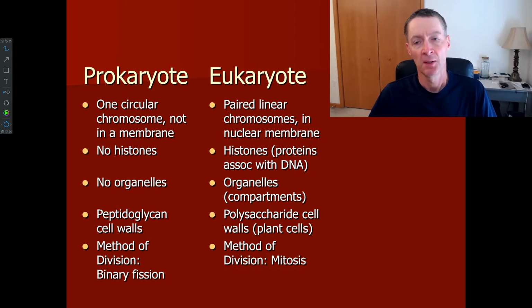All right? This has clinical relevance. If you're in the healthcare field, you want to use the right antibiotic against the right prokaryotic organism. We don't want the drugs to adversely affect eukaryotes because, of course, that's what we're made of. So here is a pretty good list of some of the differences between eukaryotes and prokaryotes.